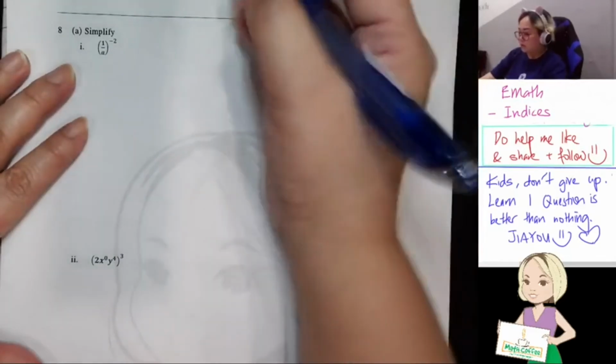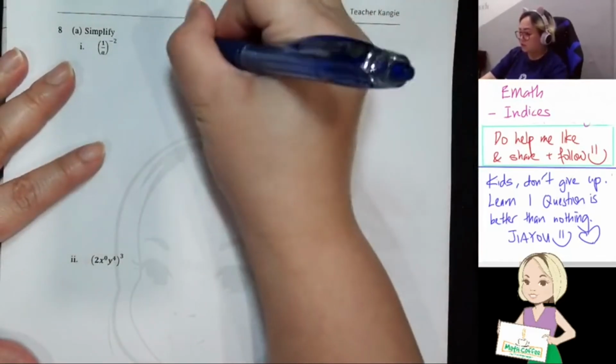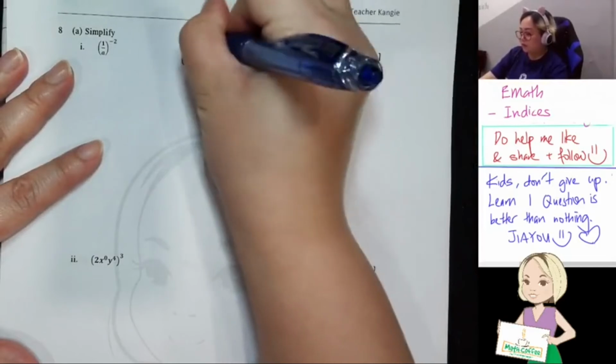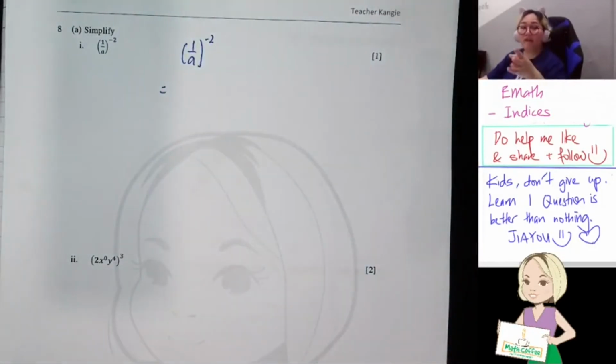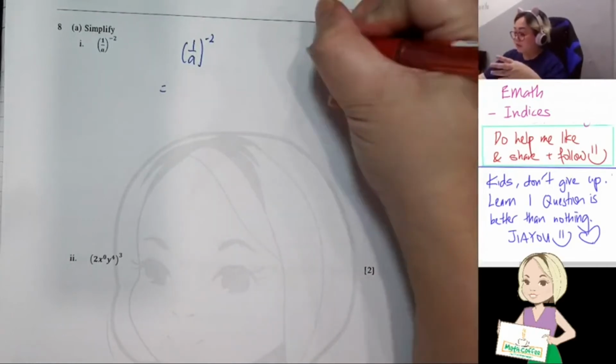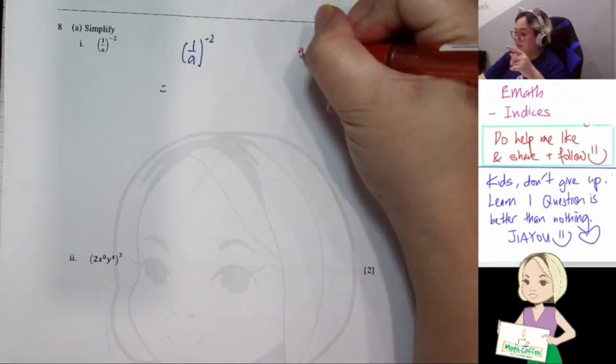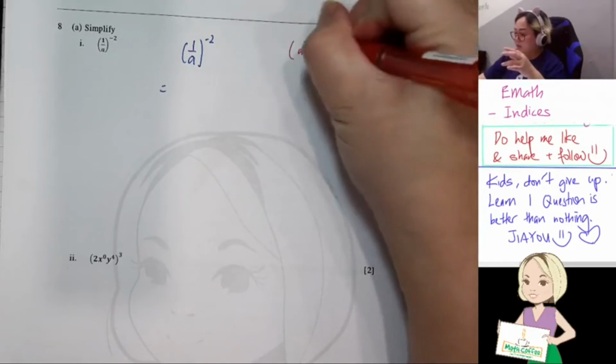Okay, this one is easy. This is 1 over a to the power of minus 2. Remember I taught you just now that once you have a fraction, even if it's not a fraction, for example it is a, and then they put minus 2.